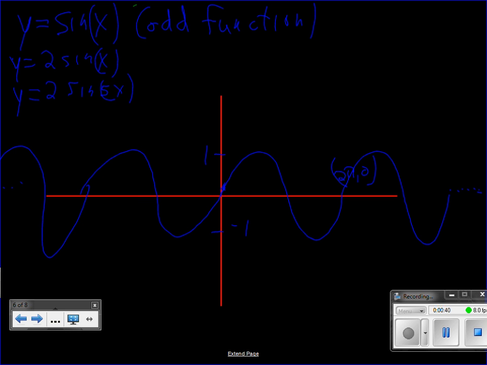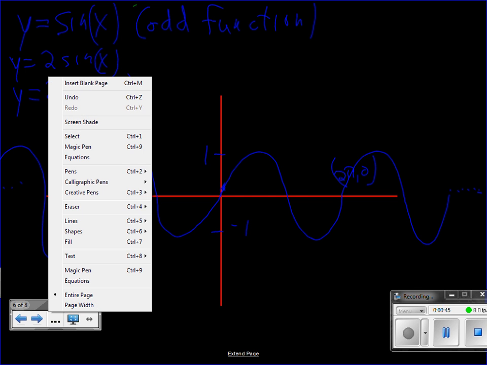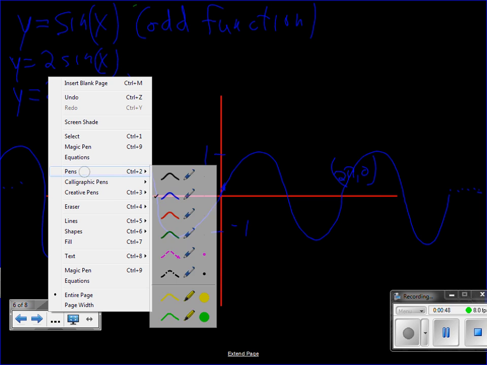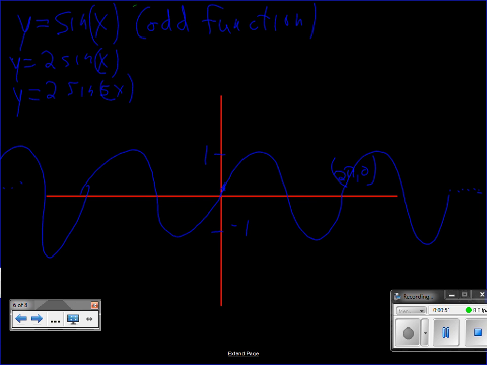Now, what happens when I multiply that by 2? I amplify things. As we do on any function, I'm not going to shift, I'm going to amplify, so it's going to go between -2 and 2. So I can draw some points here.